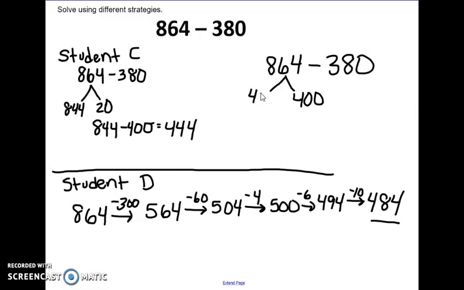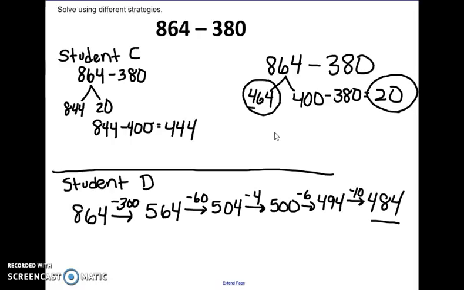That would leave me 464 left. Now, remember, I bring down my minus 380 and do my subtraction. So 400 minus 380 would give you 20. Now, we would have to combine the numbers that we have left.